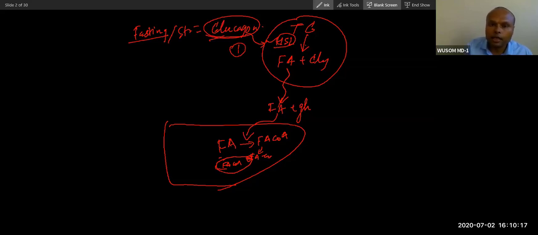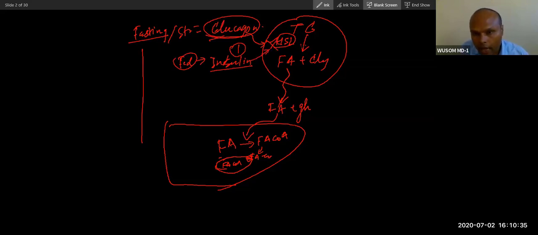Now when the condition switches to the fed condition, what will happen? Insulin will be high, and insulin will inhibit this enzyme, so lipolysis will also be inhibited at adipose tissue.